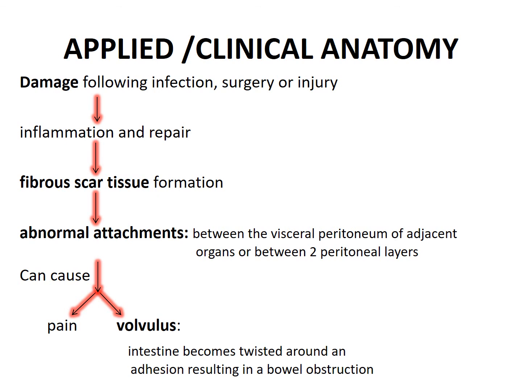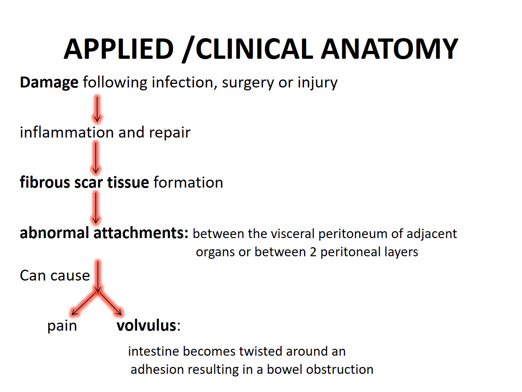These adhesions or abnormal attachments lead to various problems. They will be compressing upon the viscera over which they are passing, and that compression can lead to visceral pain, and the patient may complain of chronic abdominal pain.